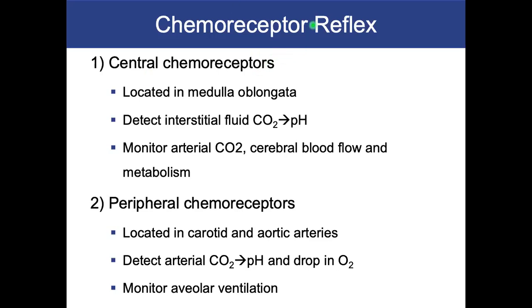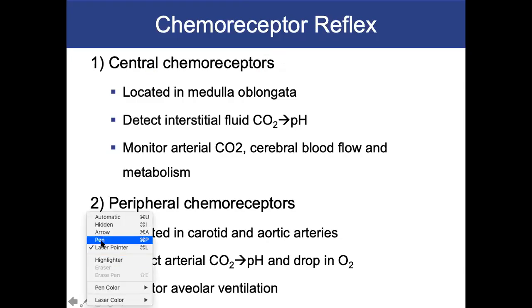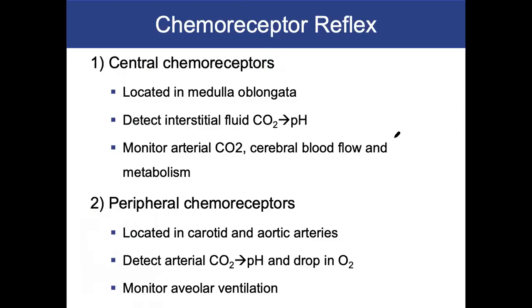If CO2 increases, what happens to the amount of protons? You're going to make excess protons, and what happens to pH? pH drops. Is that acidic or basic? Good, it's acidic. So that's your stimulus.